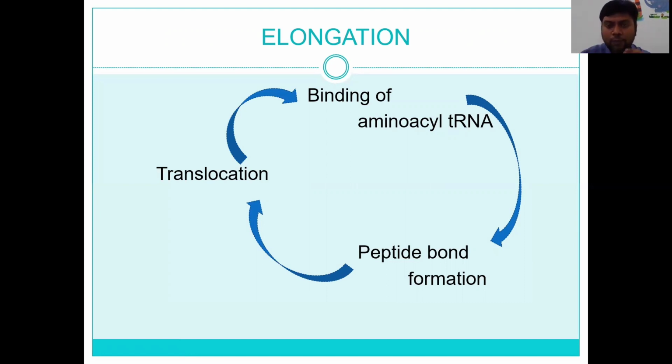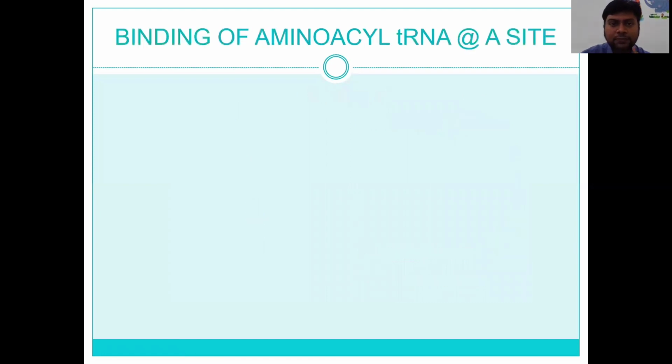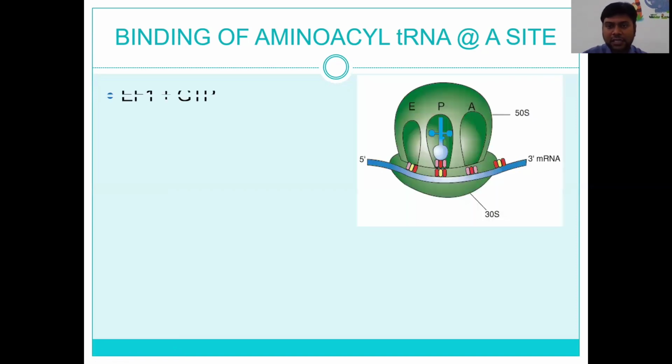Now we will see in detail about each one of the steps involved in the elongation phase. To start with, binding of amino acid tRNA at the A site. At the end of the initiation phase, this is how the methionine tRNA and mRNA are assembled within the ribosomes. Here the P site will occupy the methionine tRNA and the AUG codon, whereas the A site will occupy the next codon.